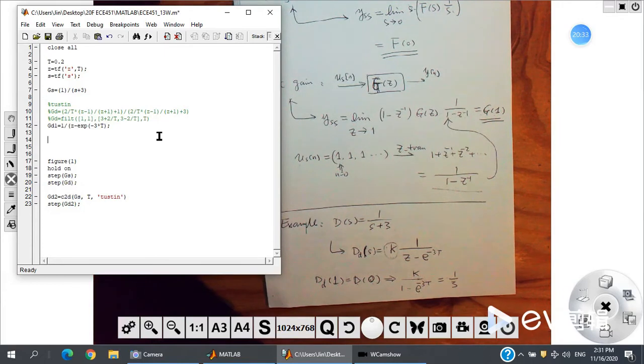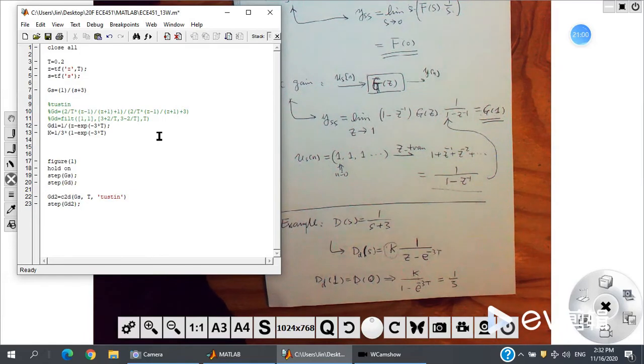K is 1 over 3 times 1 minus e to the negative 3 times t.